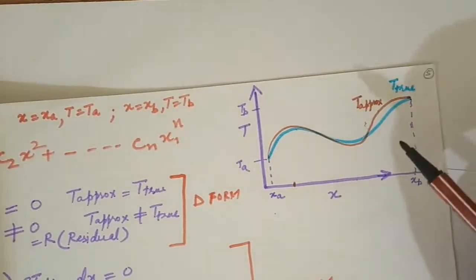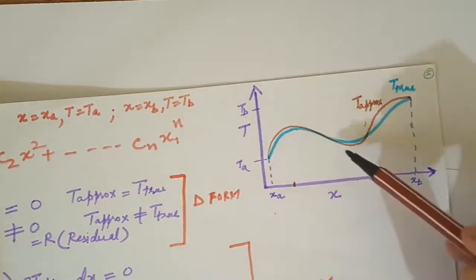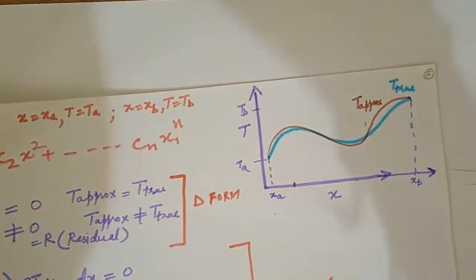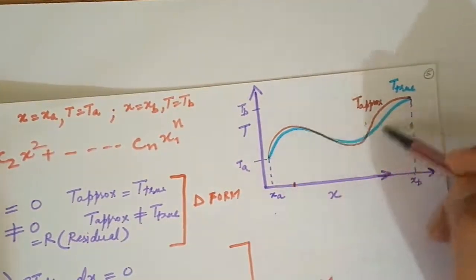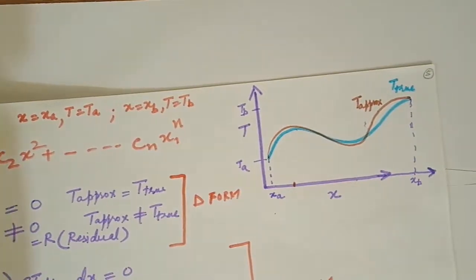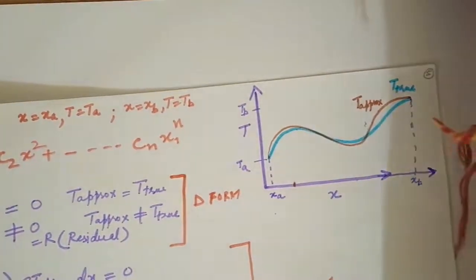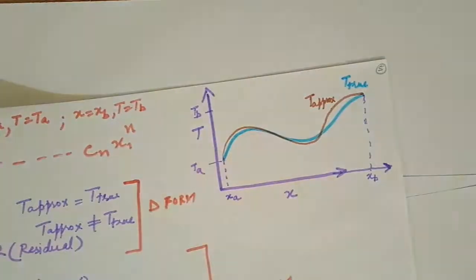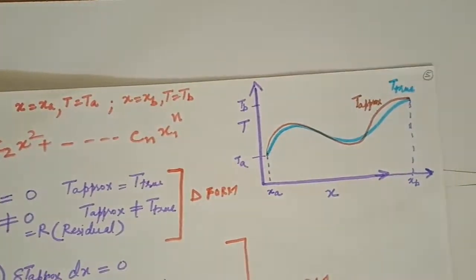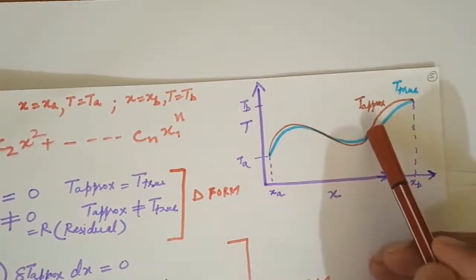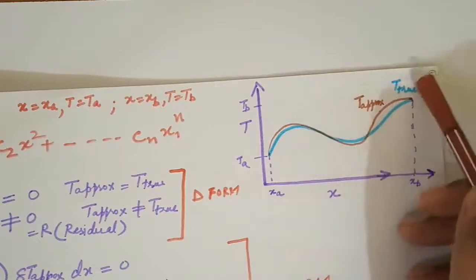Then you cannot have this approximating function matching this entire curve. Now, although this entire procedure seems to be okay, this procedure is somewhat inconvenient, because if your ultimate interest is to obtain the values of, say, temperature at various locations, then why do you intend to find out the entire curve?